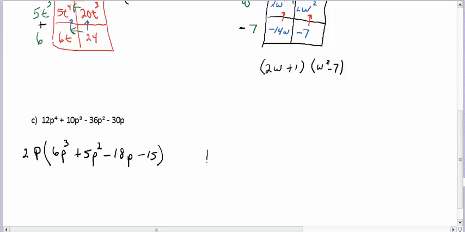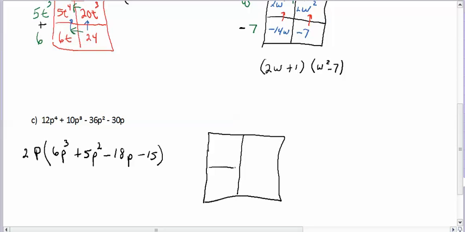Now I'm going to set up my box. It's a four-term polynomial. The first term is going to go in here, the 6p to the third. The second term goes in here, 5p to the second. The third term goes in here, 18p. And the last term goes in here, negative 15.